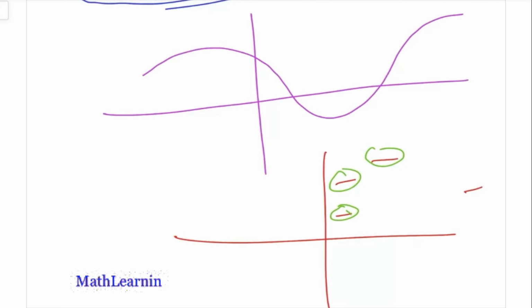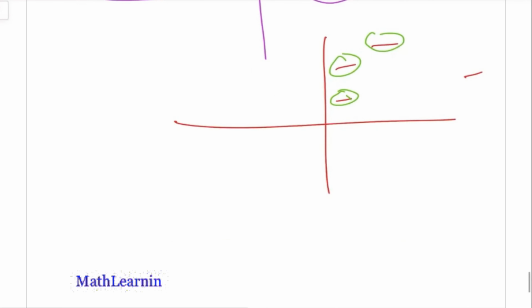That's why they are not continuous functions. Step functions are not continuous functions, whereas any graph with no break in it represents a continuous function.